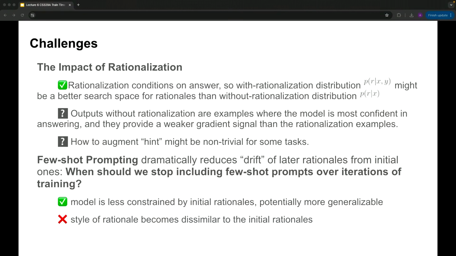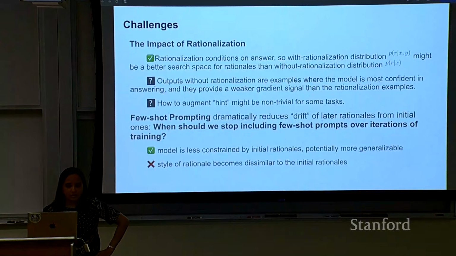And if you do few-shot prompting, you can really help the model in how it should produce rationale. But the style of rationale might influence the model in certain ways, so prompt engineering in this particular case might bias the model. So effectively there are certain challenges.